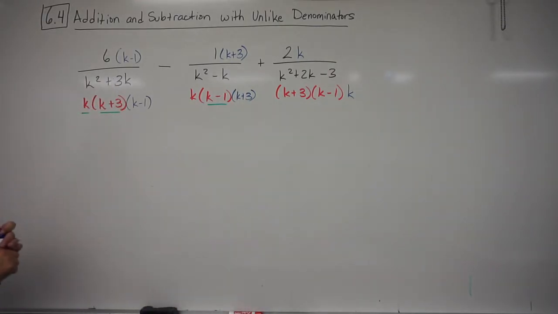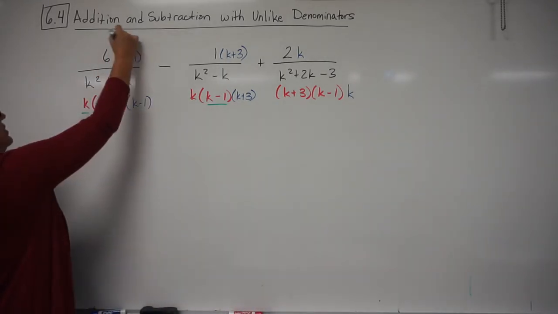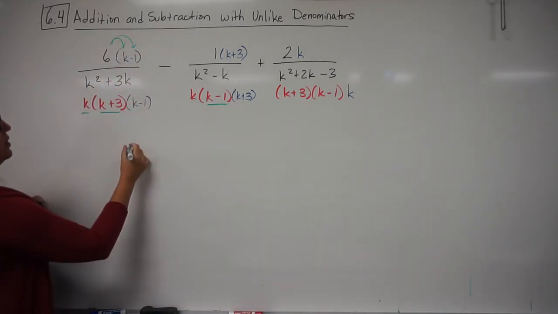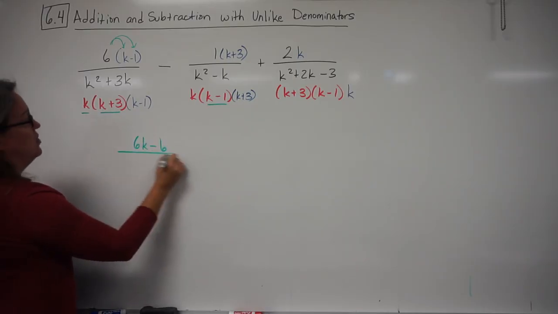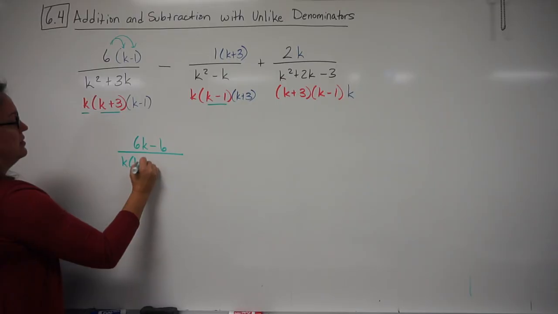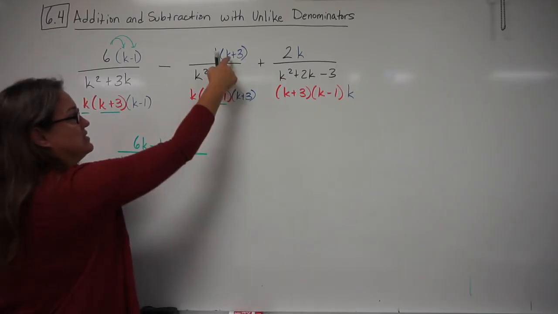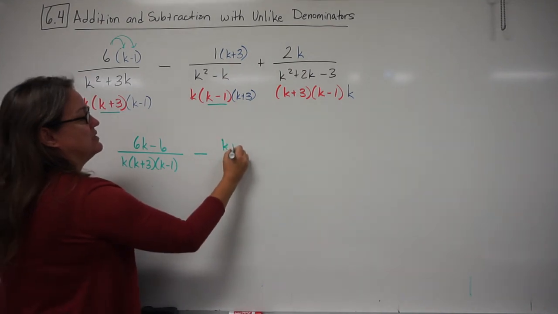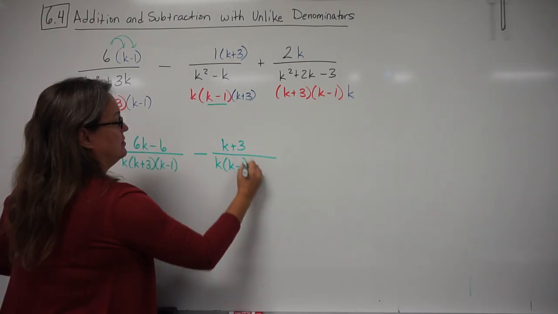So let's go ahead and distribute. So the top of the first fraction becomes 6k minus 6 over the LCD. Minus, 1 times anything is just itself, over that common denominator again.